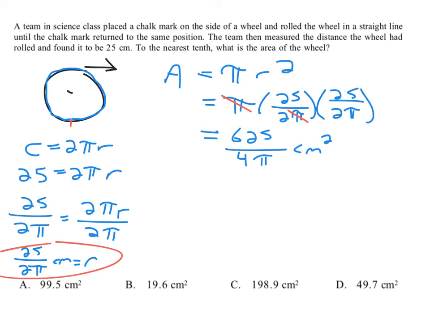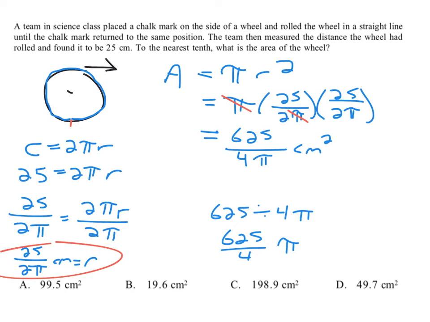If you type into your calculator 625 divided by 4 pi, what it's going to do is this: 625 divided by 4 times pi. Okay, and you're going to get a very big number, bigger than you need.